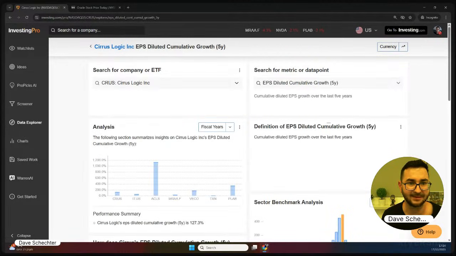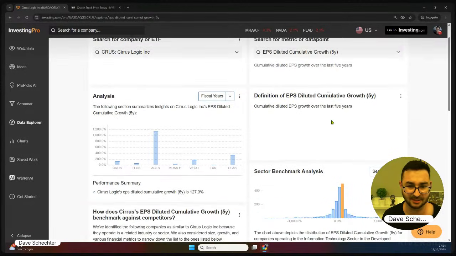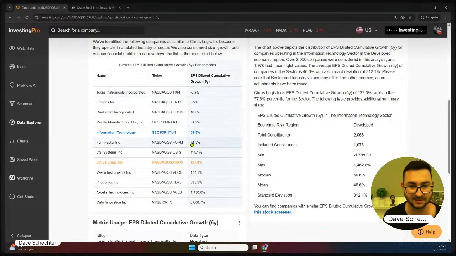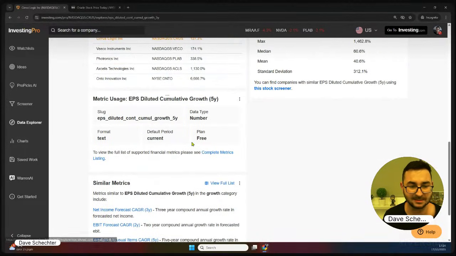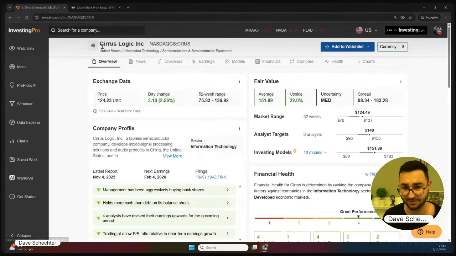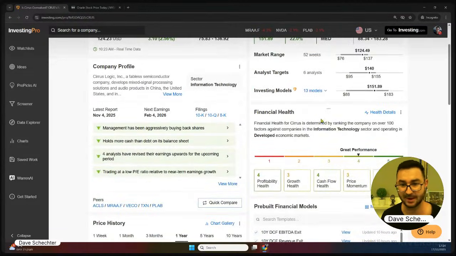So I want to go ahead and understand exactly what EPS diluted cumulative growth over the last 5 years is. It gives me what the definition of it is, sector benchmark analysis. How does it benchmark against its competitors? So there's an amazing amount of data to be had here in relation to the health. So I invite you to go ahead and check this out.